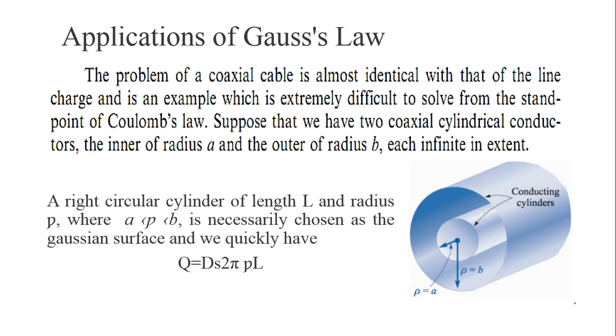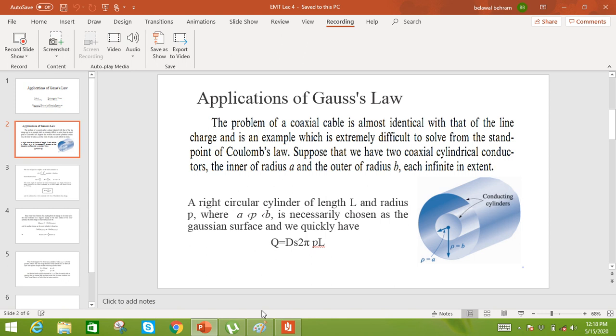We know that surface charge density is the charge per unit surface, while line charge density is the charge per unit length. So from the surface charge density of the inner conductor, we can find how much charge is contained over its outer surface. How can we find it?